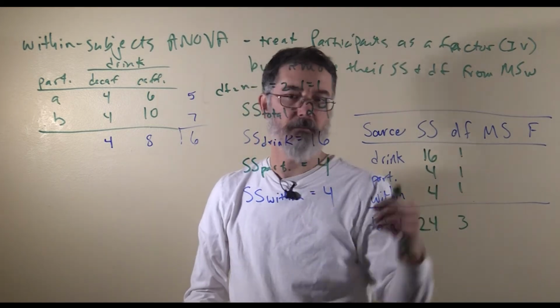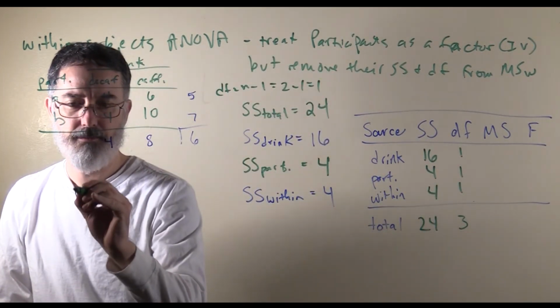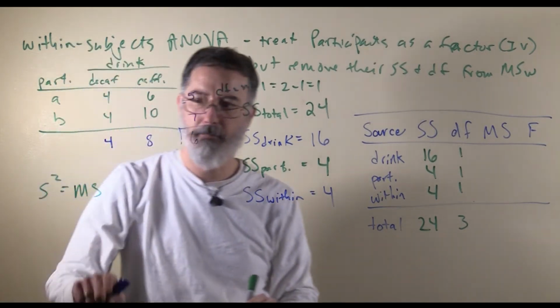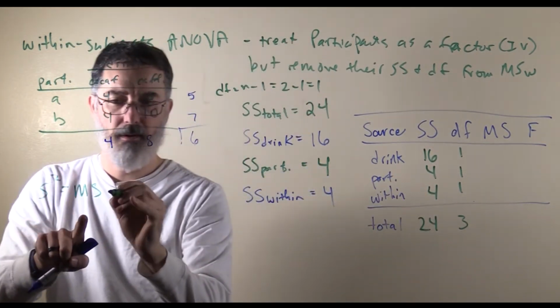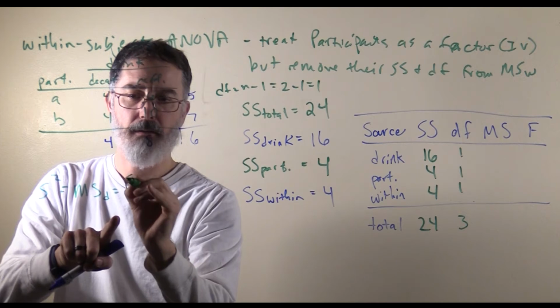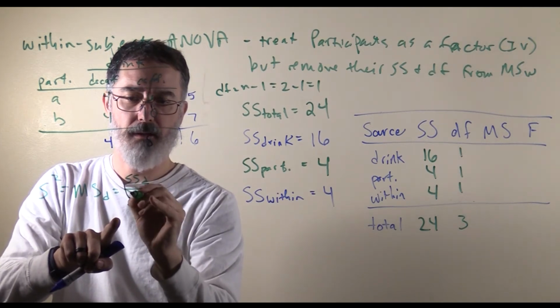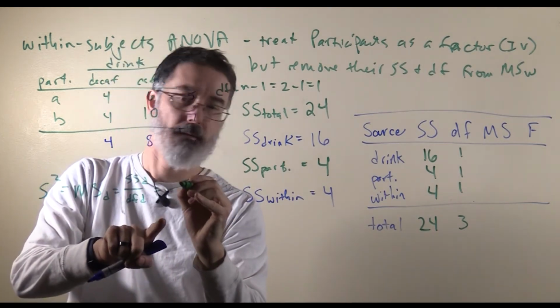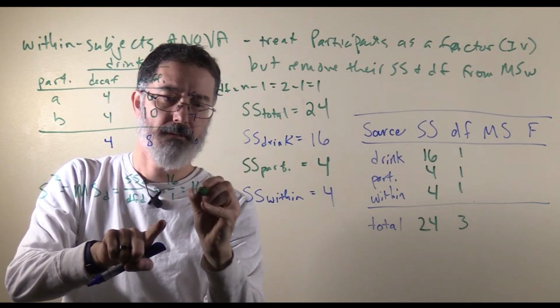Next, we can calculate all of our mean square values. Remember, mean square is a variance estimate. For our mean square drink, it's going to be our sums of squares drink divided by our degrees of freedom drink. So 16 divided by 1 is 16.